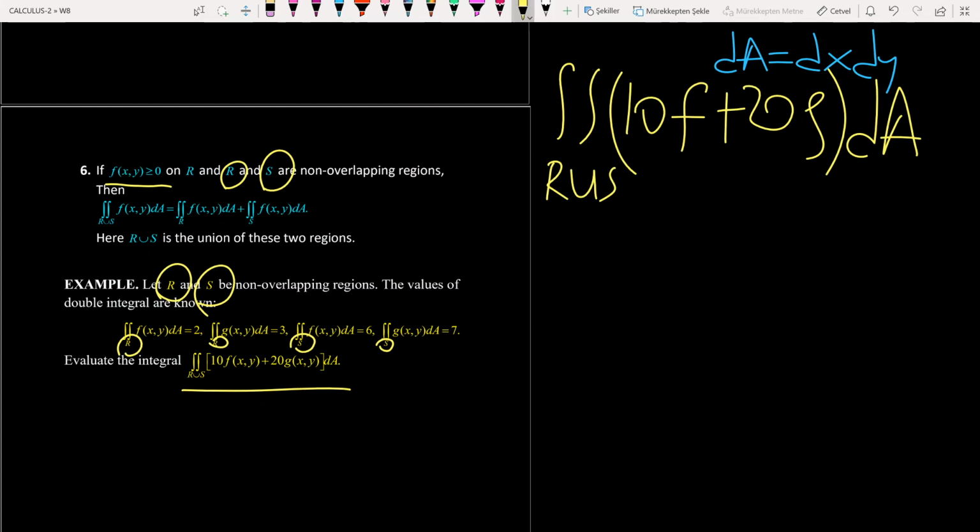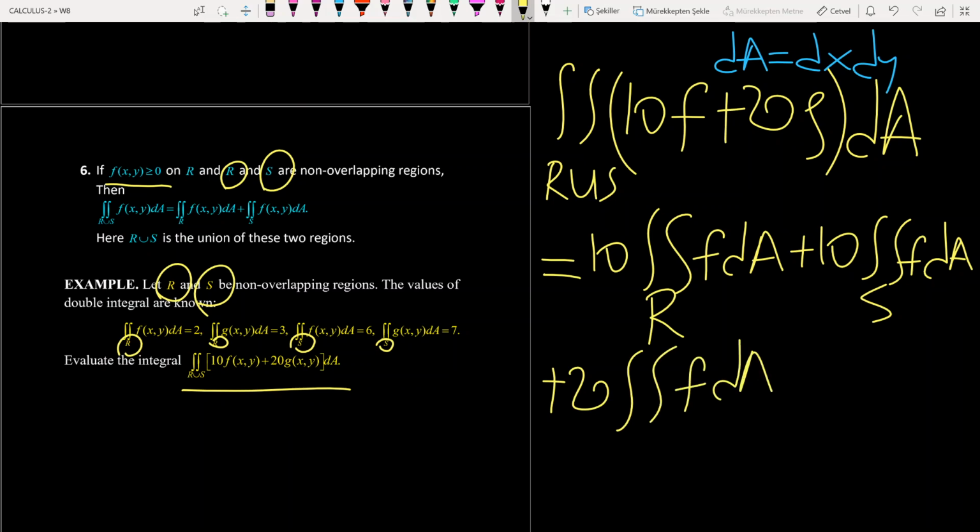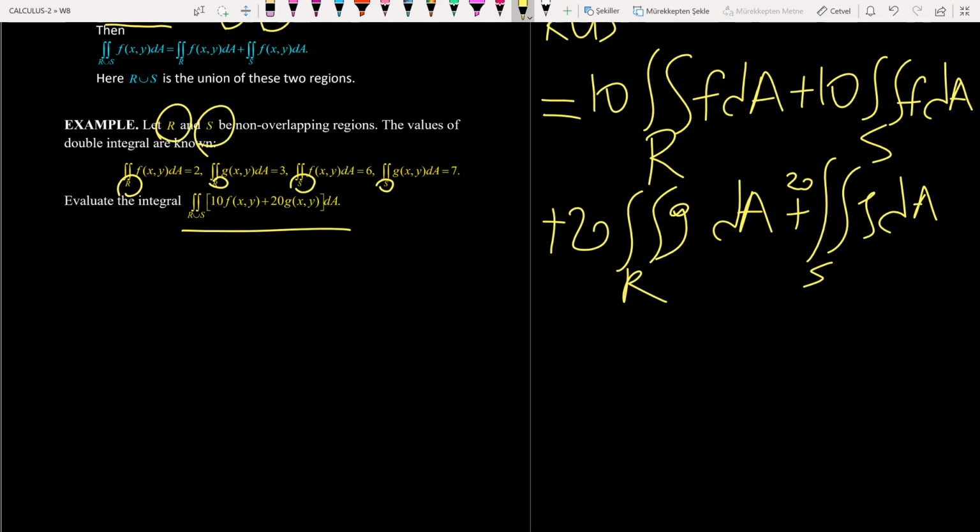So it is equal to 10 times double integral of f dA plus 10 times double integral of f dA, of course on both regions R and S, plus 20 times double integral of g on R plus double integral of g on the other region S. So we have all the information in the question.